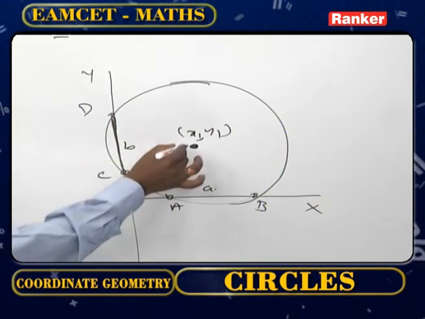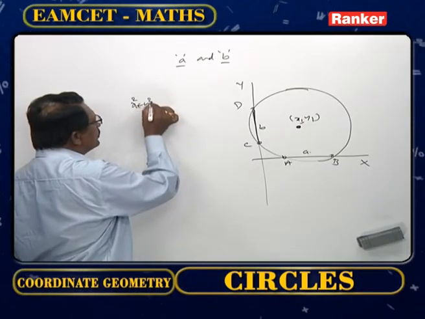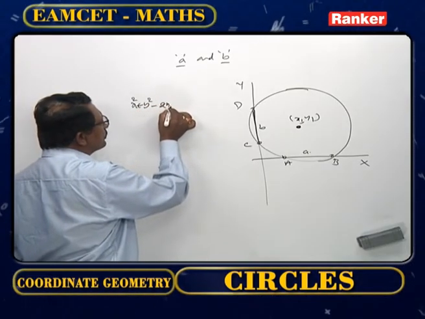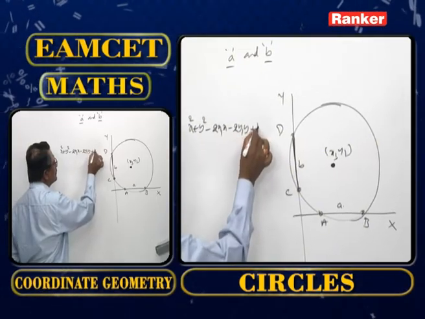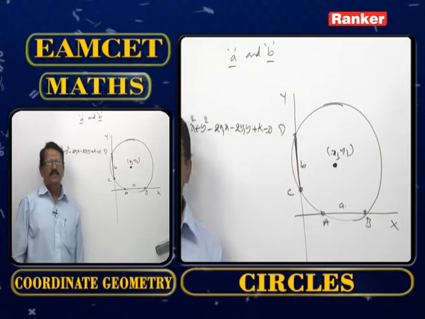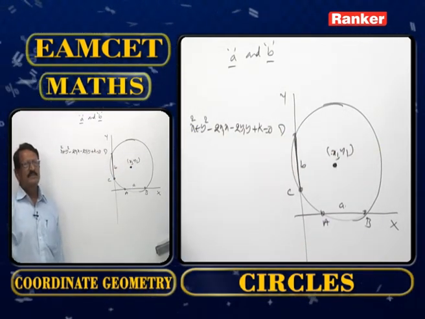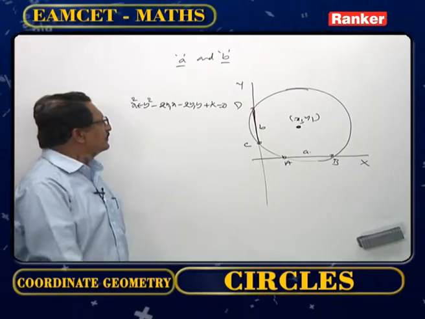Now with center (x1, y1), the equation of the circle must be of the form x square plus y square minus 2x1x minus 2y1y plus some constant k equals 0. Because the center of the standard circle is (minus g, minus f), minus half of the coefficient of x and minus half of the coefficient of y.